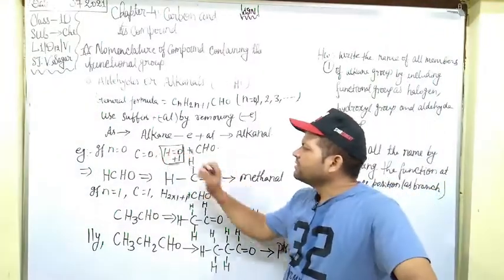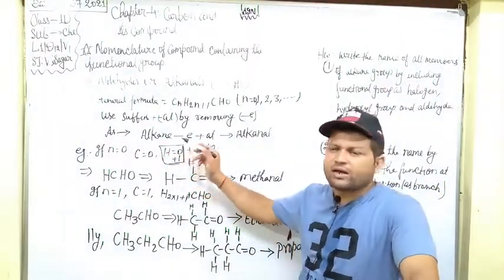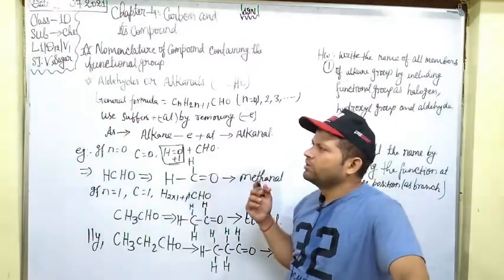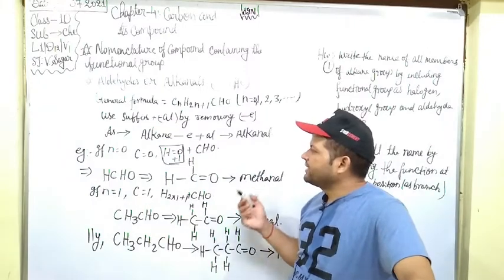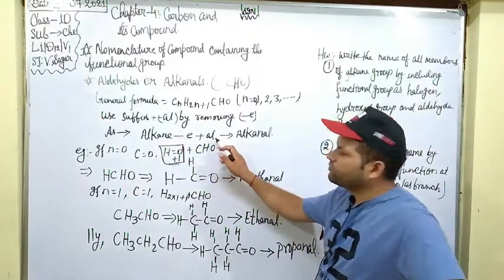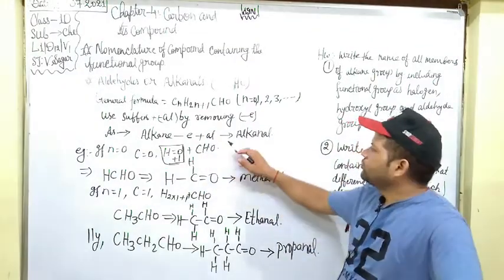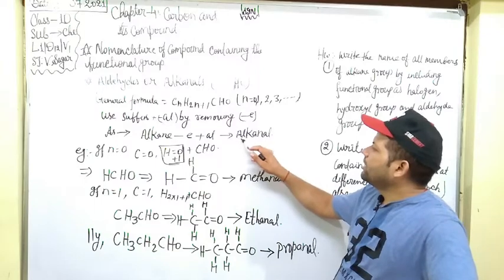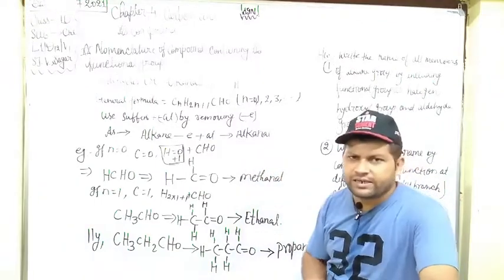If we are going to write the names of the compounds of alkane groups, then we have to remove E and add L to it, then we get alkanal as its name.